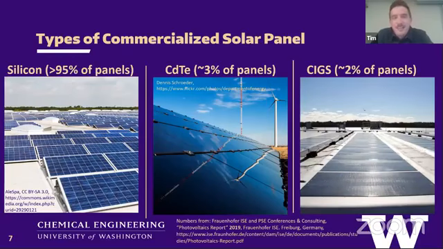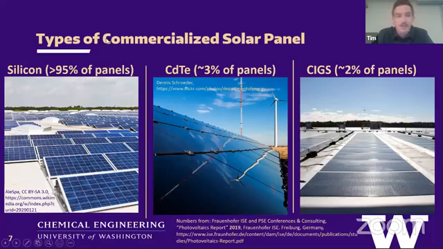Now, as a material scientist, I really like the materials part of solar. And so there's three major types of materials that are used in most of the solar panels in the world. And in fact, you could say there's only one real material used for most solar panels that you'll see. Silicon technology has been dominant since the 60s as far as solar technology is concerned.